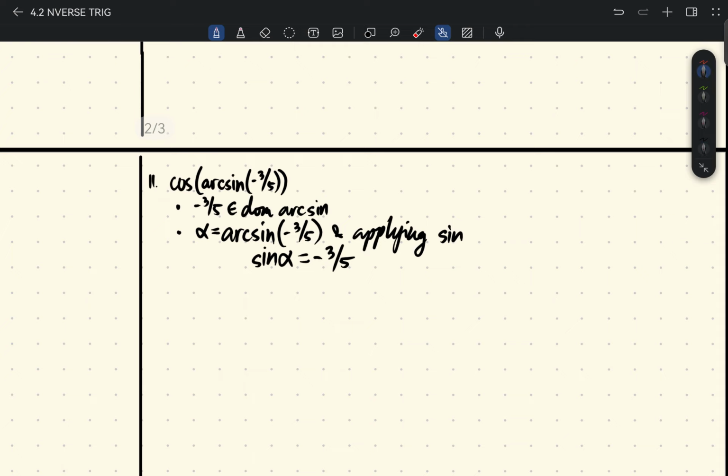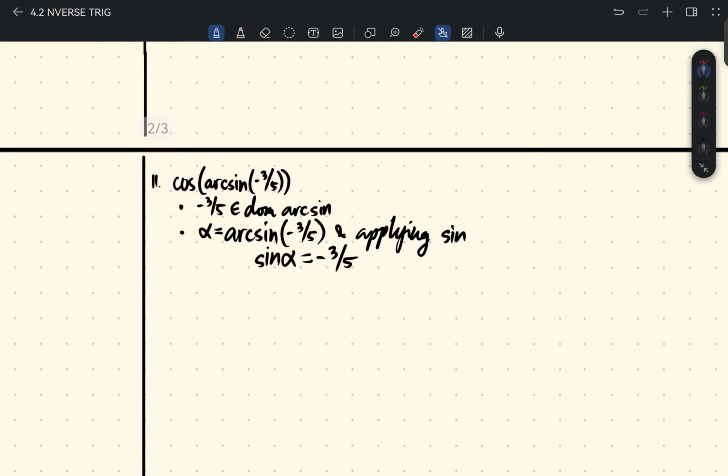Now, let's look at the original given. You have cosine of arc sine of negative 3/5, but arc sine of negative 3/5 is just alpha. So you have right here cosine of alpha.